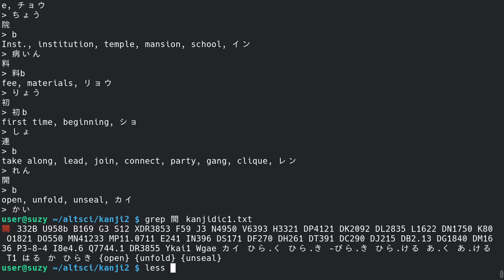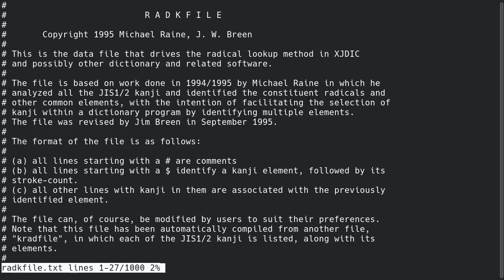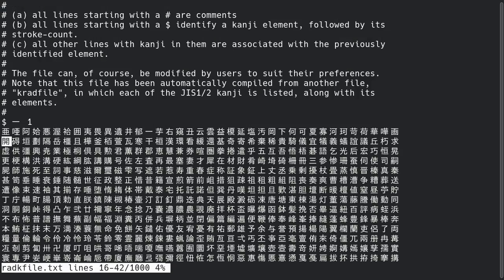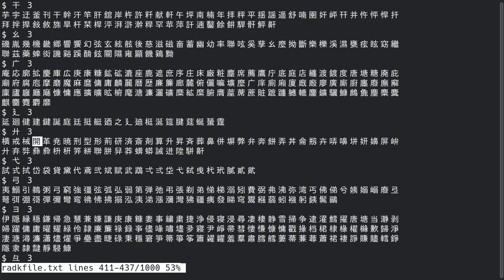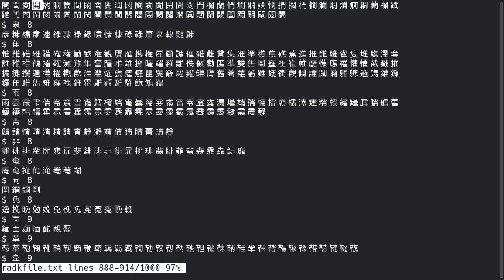So if we look at the Rad K file, you can see that this is from 1995. So we can look up Akeru. Oh my god. So you can see that it is in that one, as well as that one. This part is the lower thing, and then it's going to have mole.